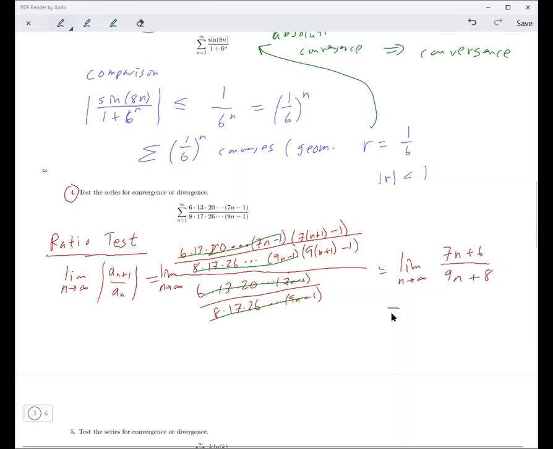Okay, and what happens as n goes to infinity? What's the limit? It goes to 7/9. Yes. And so L is 7/9, and that's less than 1, so it converges by the ratio test.